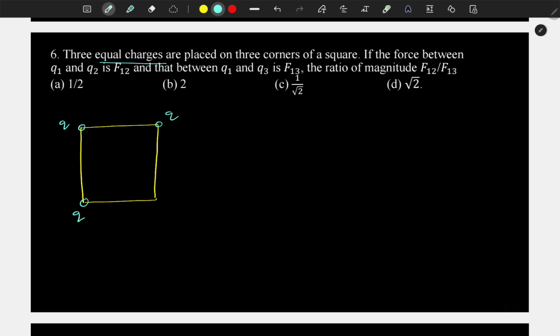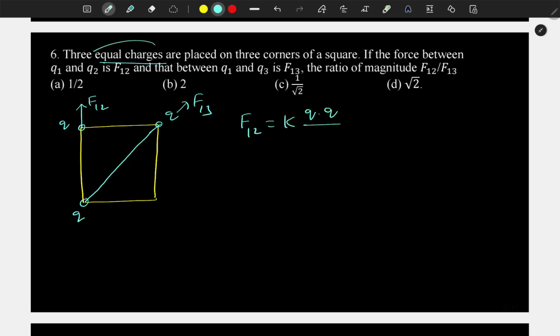If the force between Q1 and Q2 is F12, that means the force between 1 and 2 is F12, and the force between Q1 and Q3 is F13. Here between diagonally opposite charges is F13. Then the ratio of F12 and F13: F12 is given by K Q1 Q2.